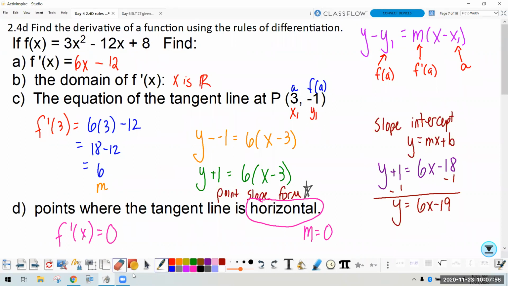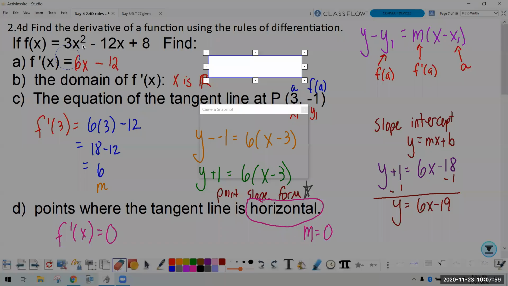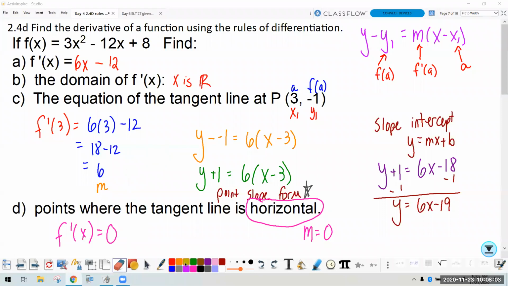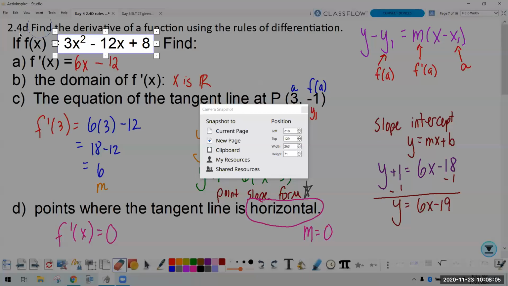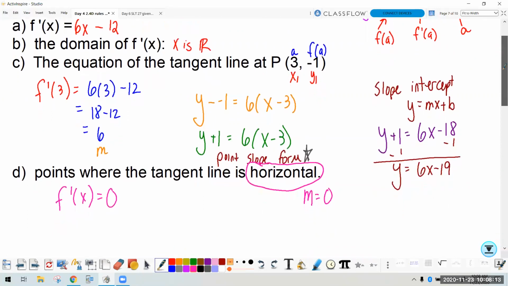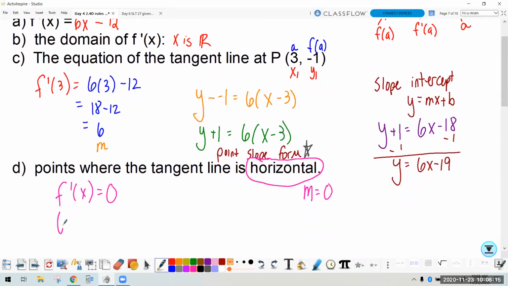I'm going to need this equation in a second. Okay, so take my derivative, 6x minus 12. When does that equal 0? Solve for x.